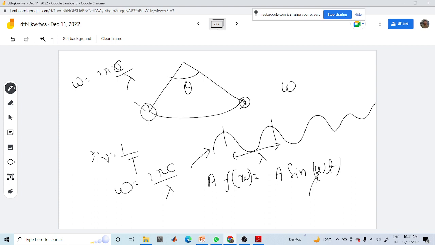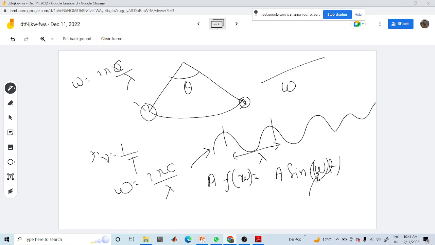Anyway, I want to focus here on this omega. That means this wave is oscillating with frequency omega. The same thing is there if we have a dipole; it will oscillate like that.